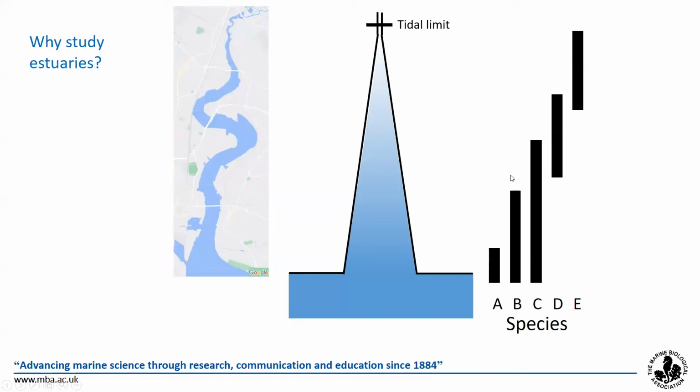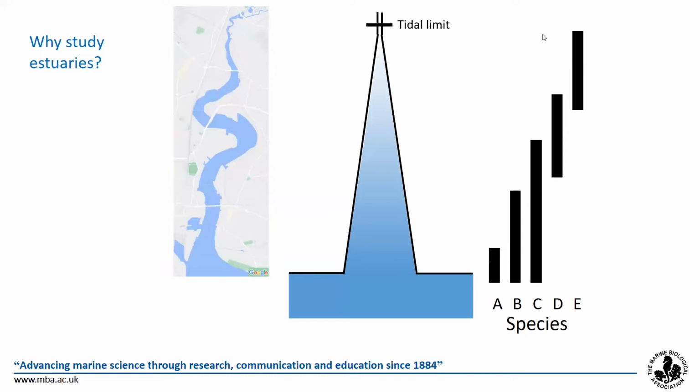Another category of species is a truly estuarine species which has its distribution within the estuary, and which may not go outside the estuary and may not go above the tidal limit. So the range is encompassed by the estuary.